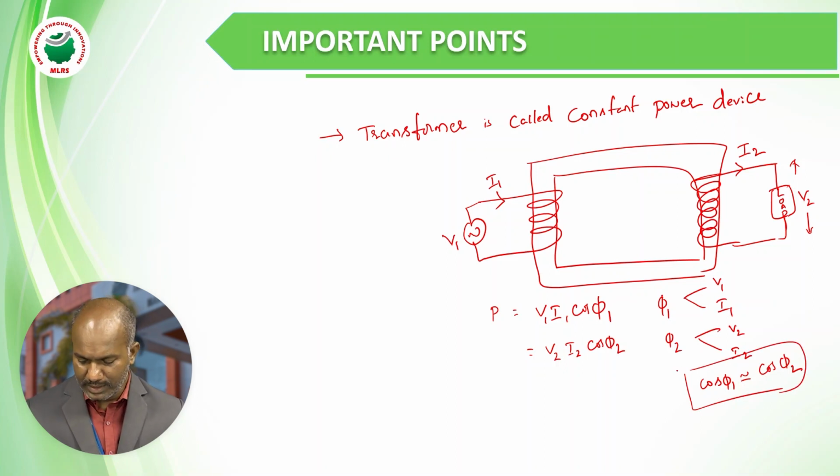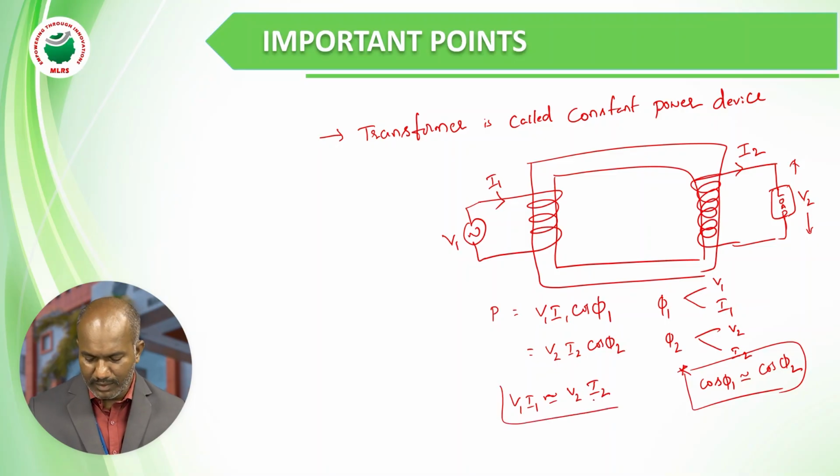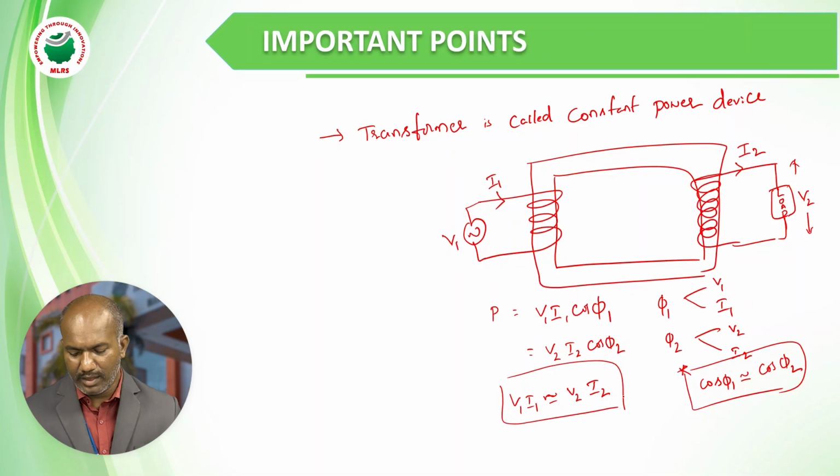If you consider cos phi1 equal to cos phi2, I can easily write V1 I1 is approximately equal to V2 I2. So power in the primary winding is equal to power in the secondary winding.